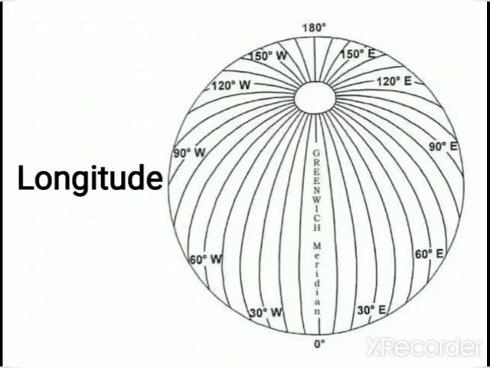As the equator divides the earth into two equal halves, that is the northern hemisphere and the southern hemisphere, in the same way the longitude, that is the prime meridian, can also divide the earth into the eastern hemisphere and the western hemisphere.